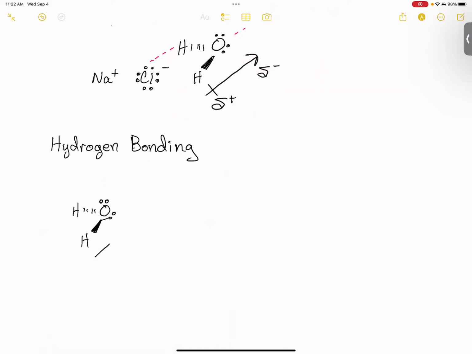Again, you have your partial negative, and that's supposed to be a delta, and your partial positive on your dipole moment.